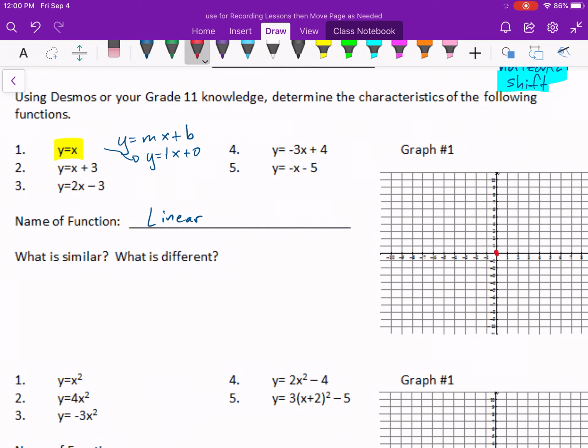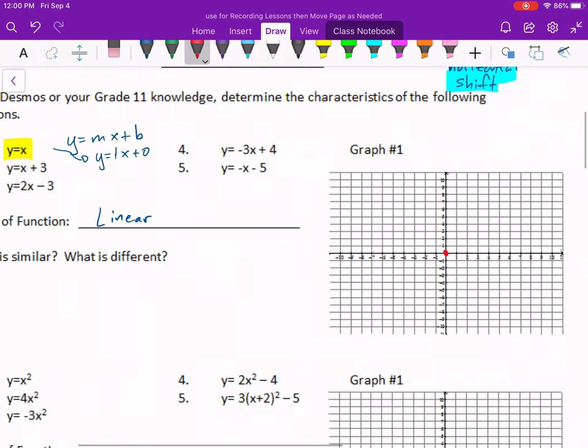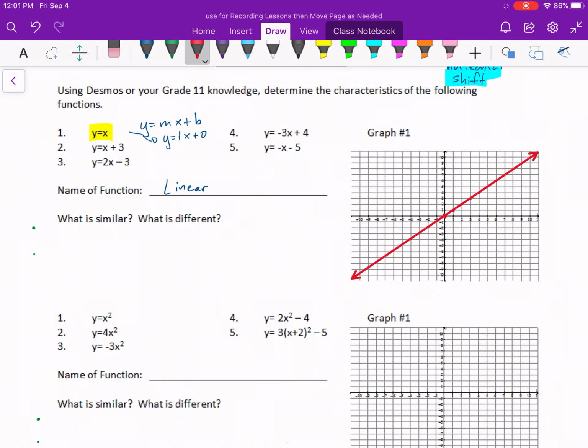I'll graph that on our grid over to the right. It's got a slope of 1, which means that it goes up 1 and 1 to the right, up 1 and 1 to the right, and so on, and it just creates a straight line in this way. I'm trying to graph this on my iPad. Not always easy, but there we go. So we got that one, right? And all these other ones are just variations on this.